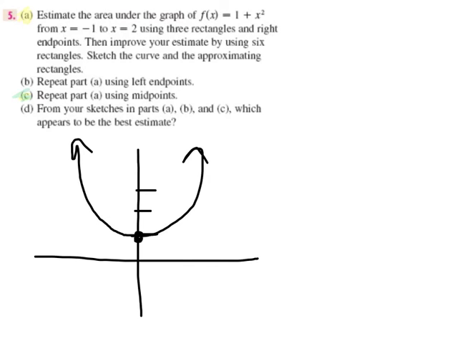Okay, so if I want to estimate the area for this between -1 and 2 using 3 rectangles, at first my rectangles are going to be split like this. Let's do right endpoints. So here's a right endpoint, and here's a right endpoint, and here's a right endpoint.